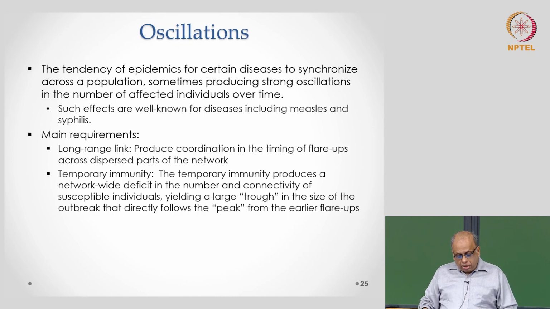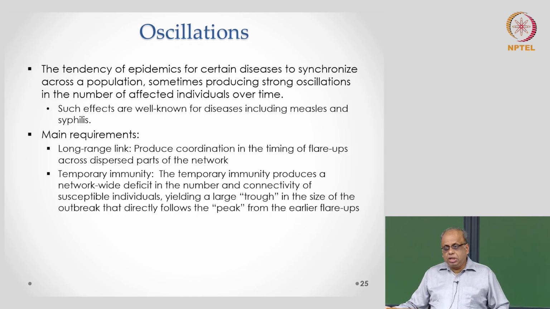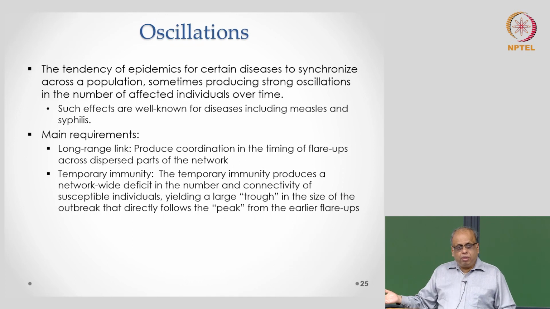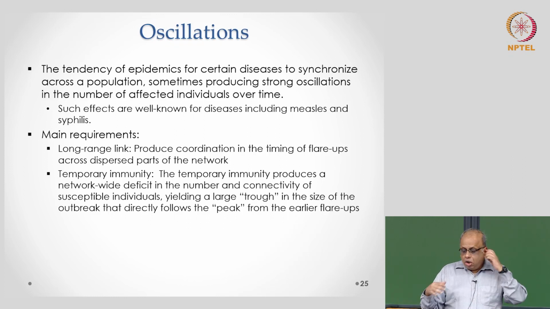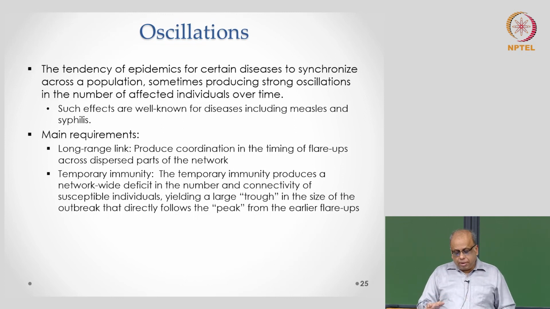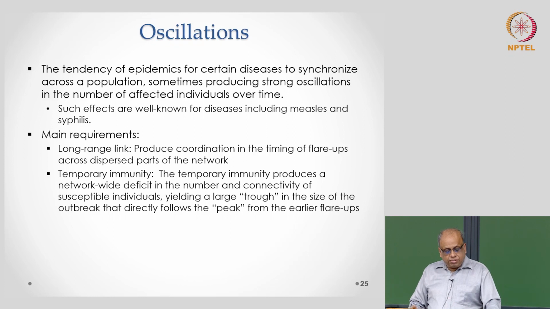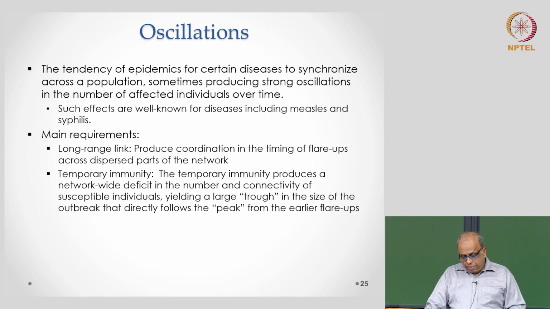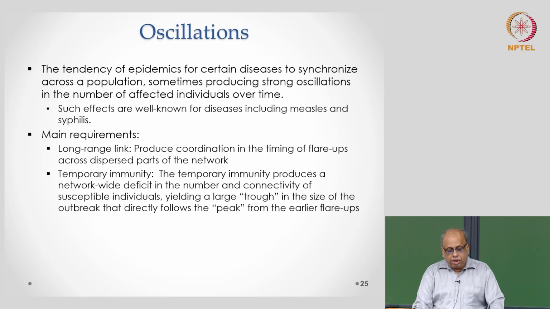And a weak tie or a long range link is one where, for example, someone from the US is visiting India. So that is a long range link. He's coming for some time, staying, and getting into contact with not all the people in this local social network, but some people. So generally what has been found is that these long range links are the reason why this kind of oscillation can happen in your network.